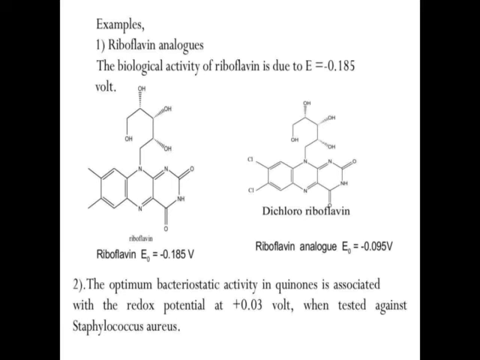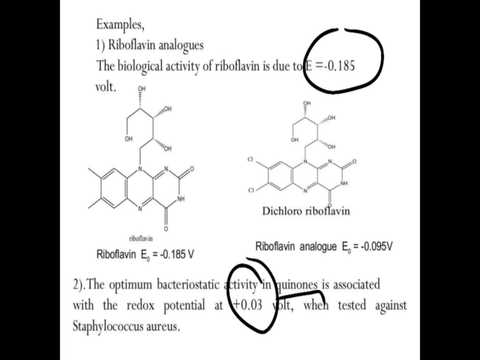At the specific redox potential, the given compound shows the activity. So the riboflavin activity is due to the redox potential E equal to minus 0.815. Then for the quinone it is required 0.03.